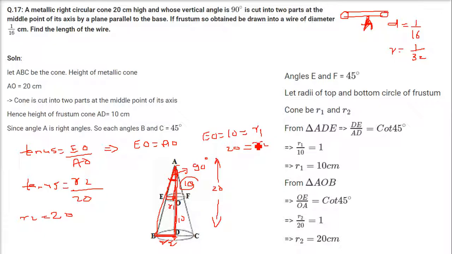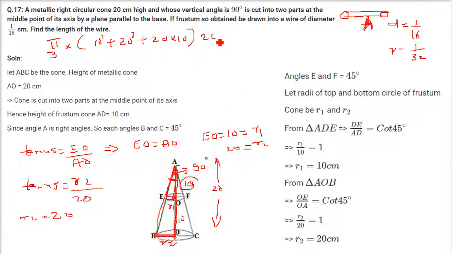Now we have the formula of the volume and we'll equate it with the volume of the other wire. So 1 by 3 or pi by 3 into R1 square, that is 10 square, plus 20 square, plus R1 R2, that is 20 into 10, and what is the height?